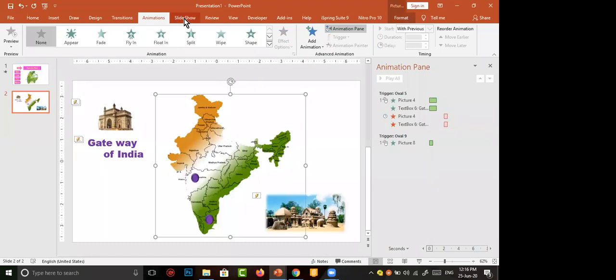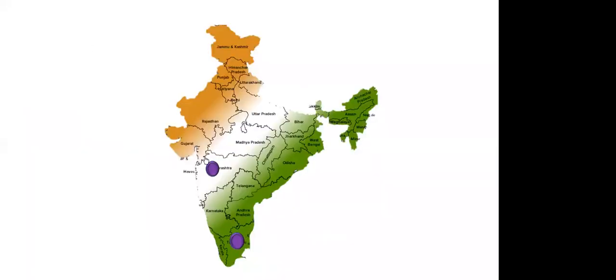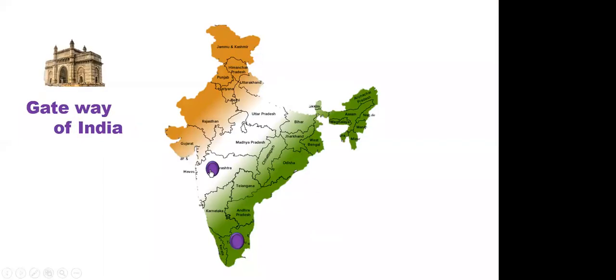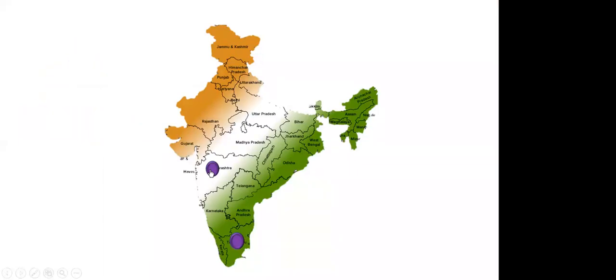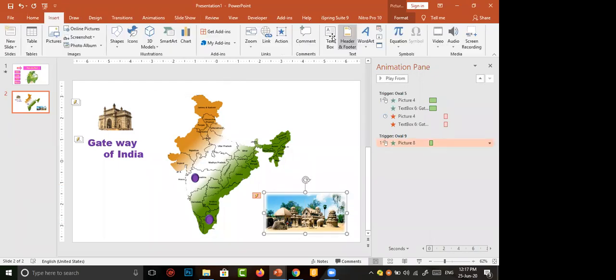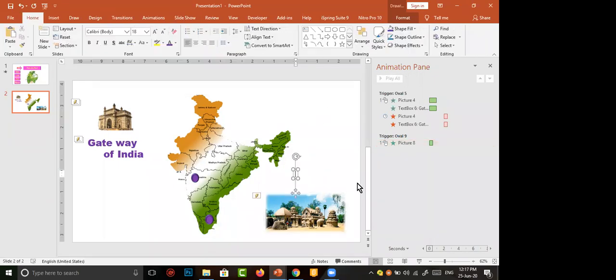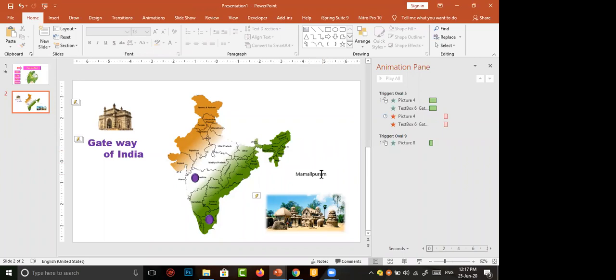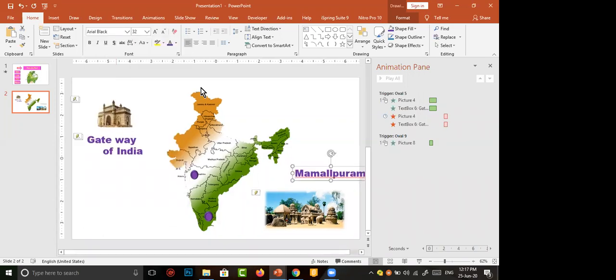Okay. Then go to Slideshow, current slide, and click on this one. For this picture also, go to Insert, Text Box, and click. You have to select it, change the color, change the size, change the shape.